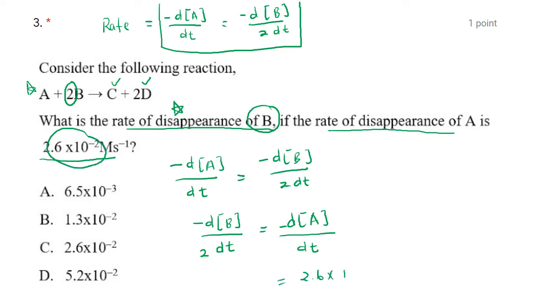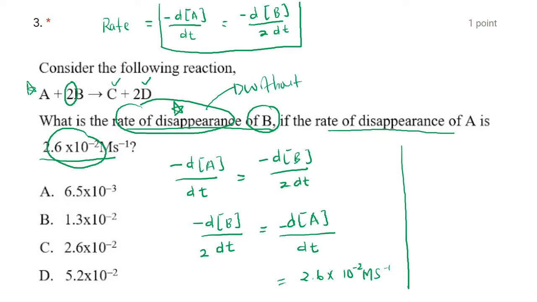2.6 exponent negative 2 molar per second, but then don't forget, if we're looking for the rate of disappearance, it is always without the coefficient. So that's why we will adjust it, become negative d concentration B over dt.